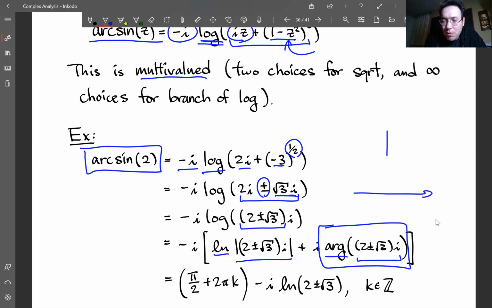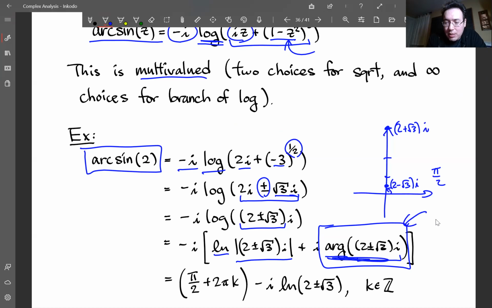2 minus square root of 3 is something like that, times i. Then there's also the other value, 2 plus square root of 3, times i. Either way, it's purely imaginary. So the argument is going to be 90 degrees, pi over 2 radians.